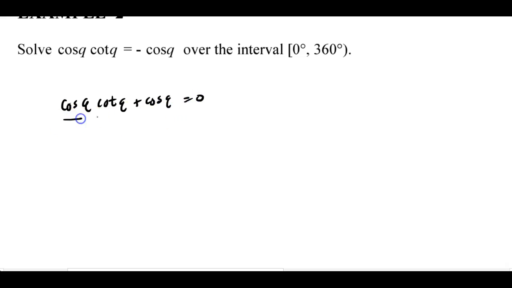Then I see the common factor of cosine q that I can now factor out. And now I can apply the zero-factor property because I have a product. So cosine q times cotangent q plus 1, I have a product that's equal to 0, so I can set each factor to 0.